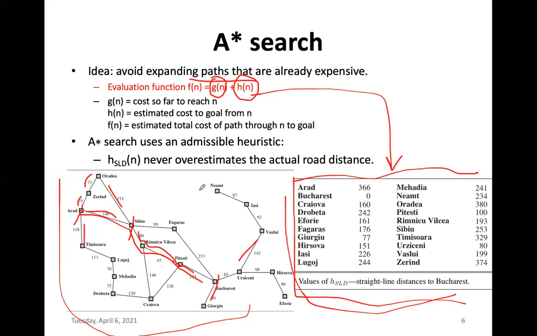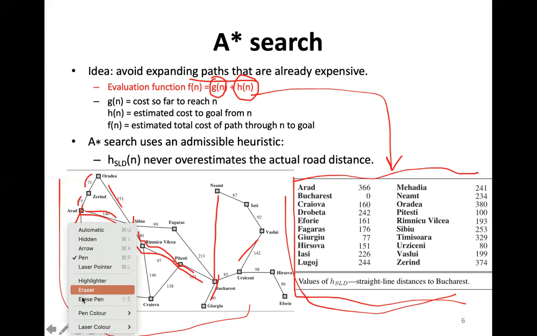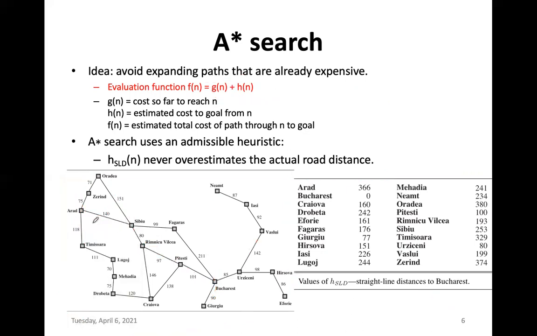And we know that the straight line distance between any starting node and the end node, if this is our starting node and this is our end node, is to draw a straight line between the initial node and the destination node.